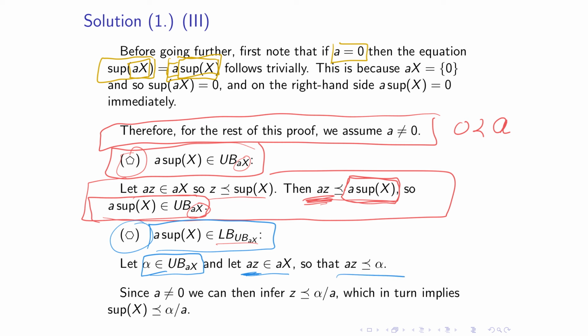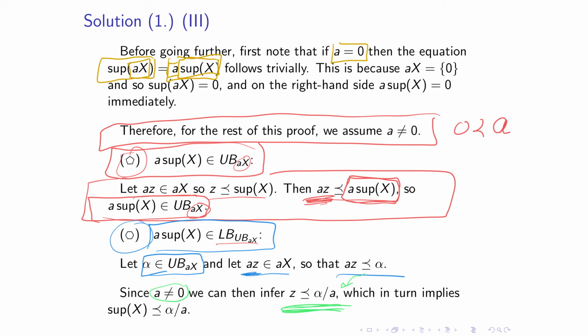It follows immediately that az ⪯ alpha. Okay, now this is where it's important to know that a is not 0. Because a is not 0, we can divide both sides by a. So we get that z ⪯ alpha over a, coming from this inequality.